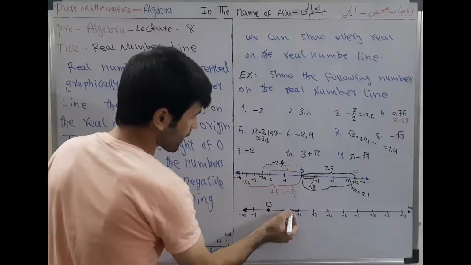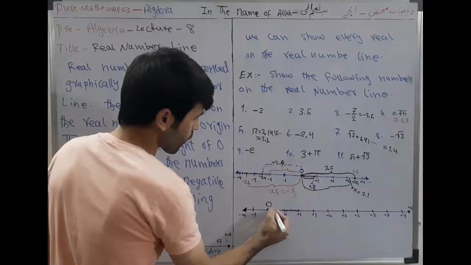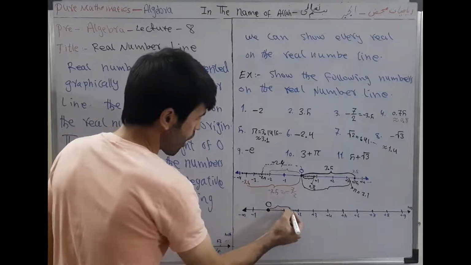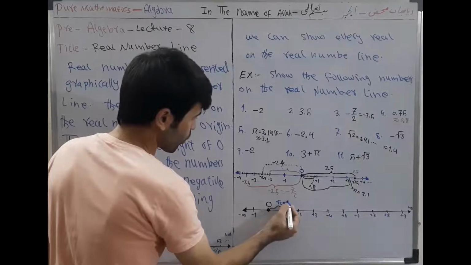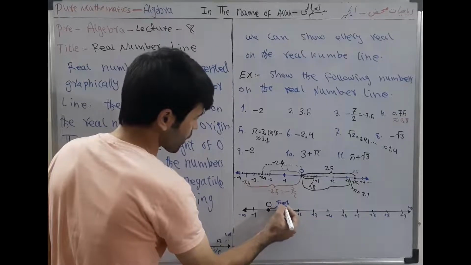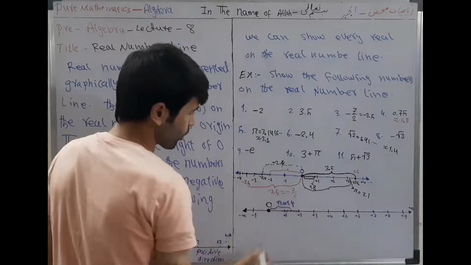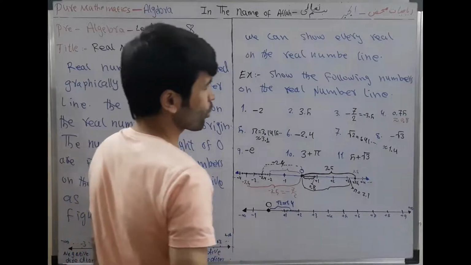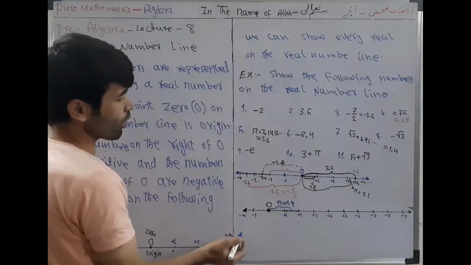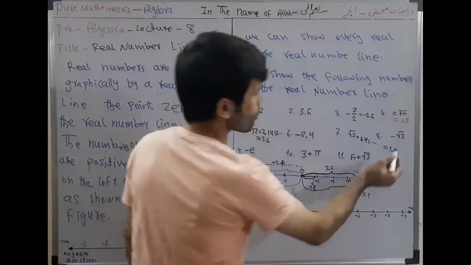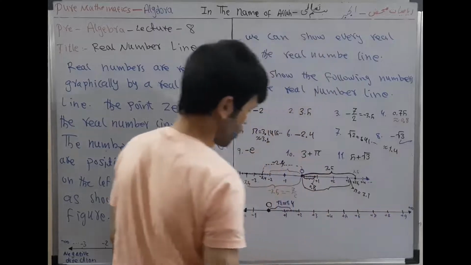Here is the square root of 2, approximately 1.4. Minus square root of 2: you should show this by yourself.